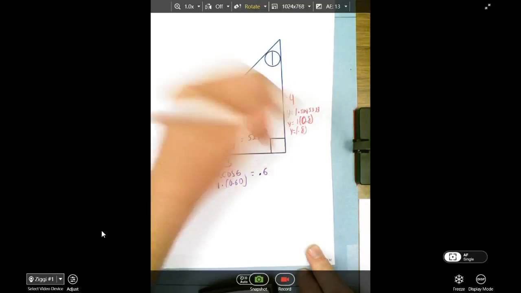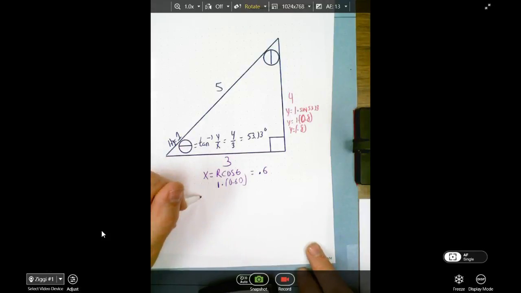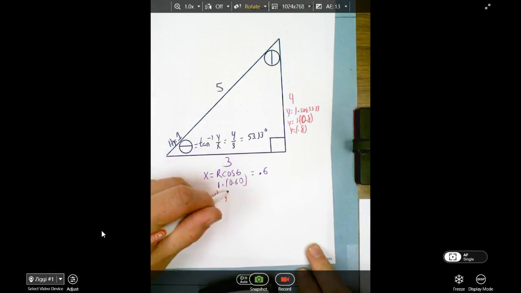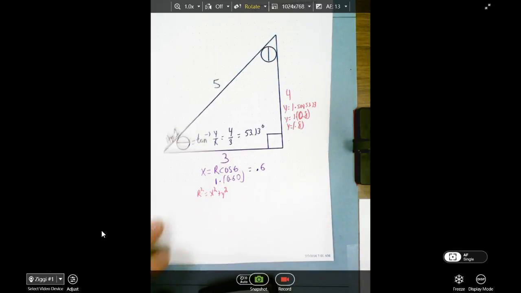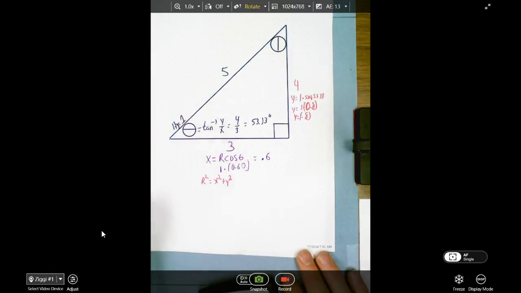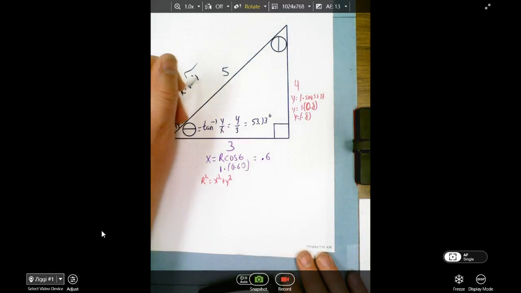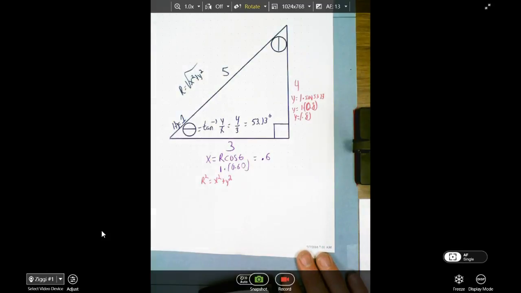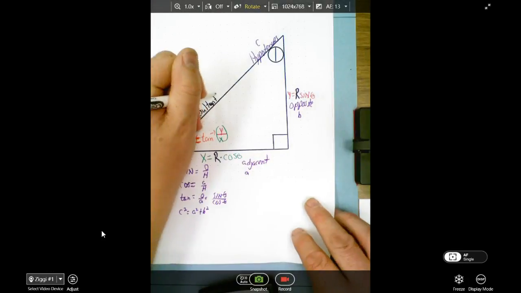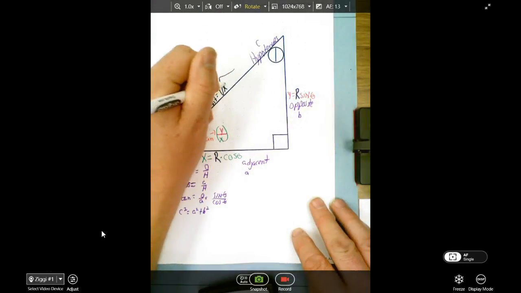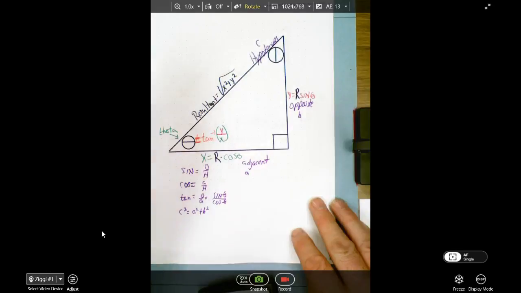Well, remember we said r squared equals x squared plus y squared. Of course, we said a squared plus b squared equals c squared, or in this case, r equals the square root of x squared plus y squared. So if we go back here, we can add that in there, x squared plus y squared.